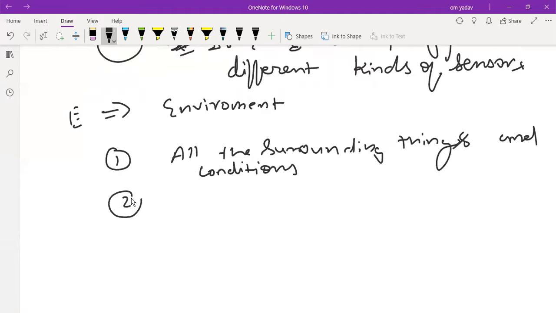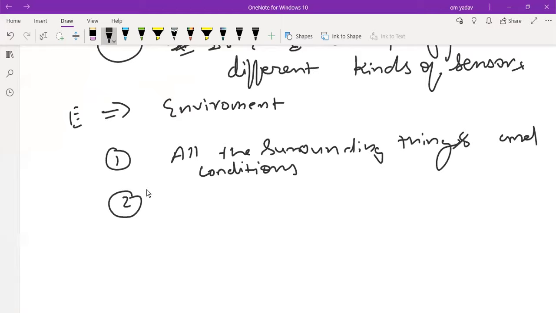this is actually the real space where the agent will work, right? In the environment only it will perform the different types of tasks. From the environment it perceives the data; it keeps sensing the data from the environment.